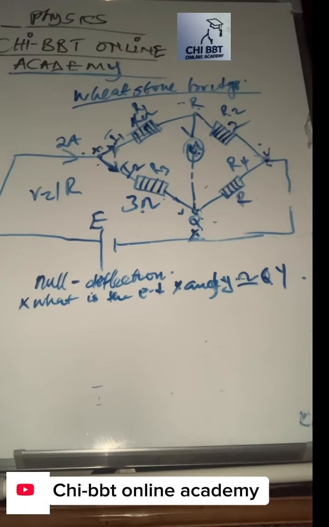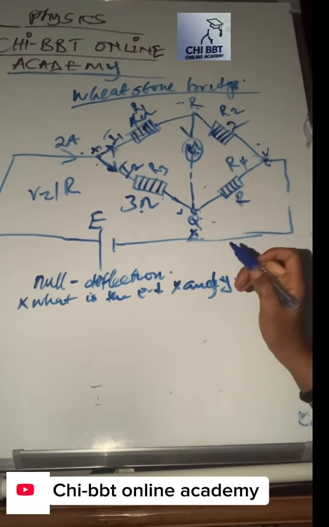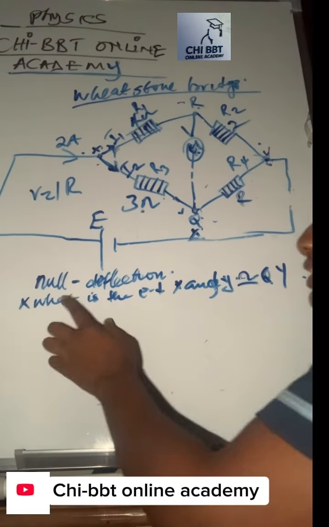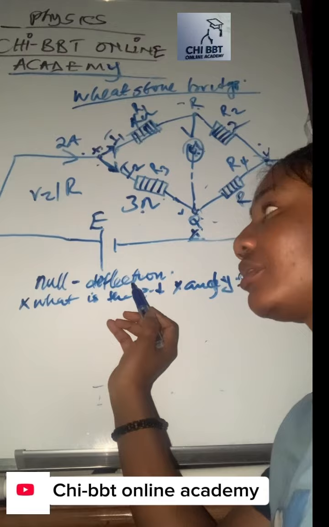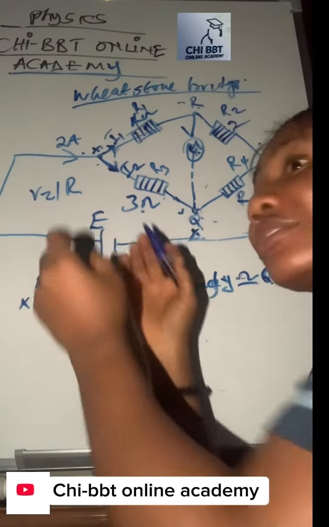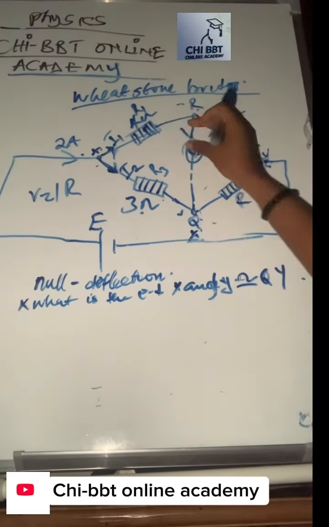Now, for us to get the PD across here, there's a condition. They said a null deflection. In a null deflection, because the resistors that you have here are all variable, you can move them and move them.